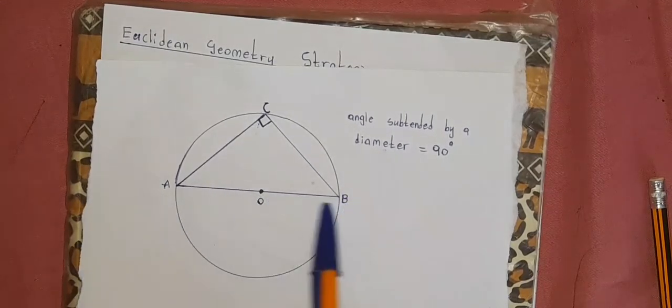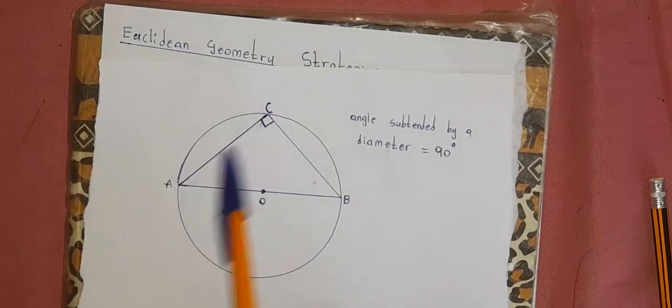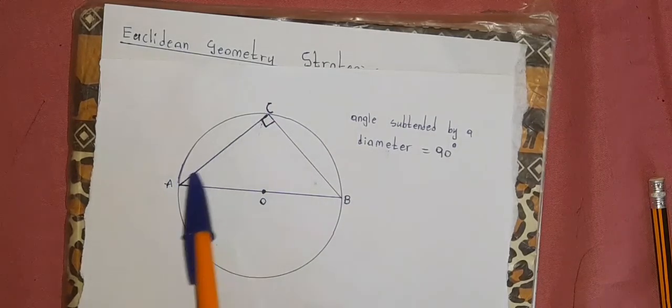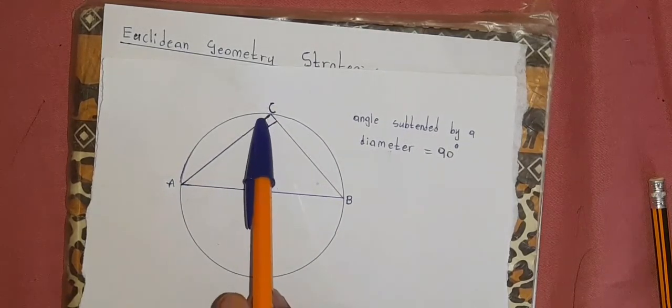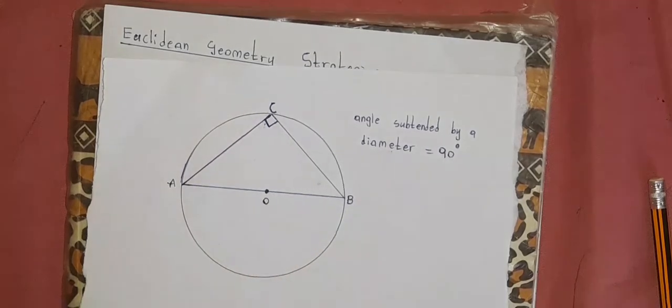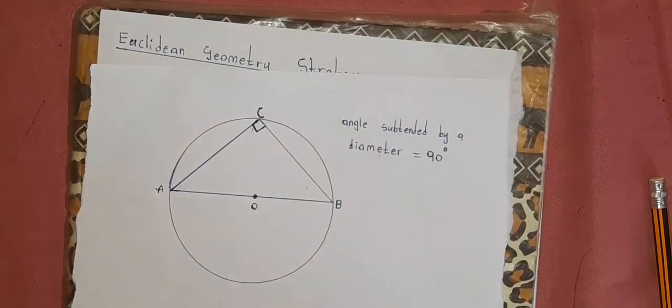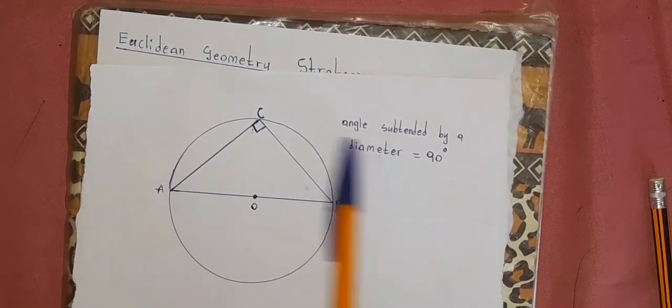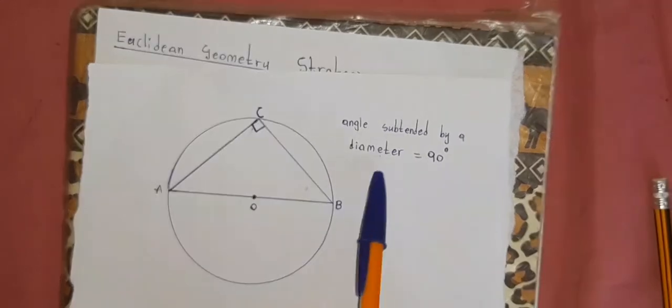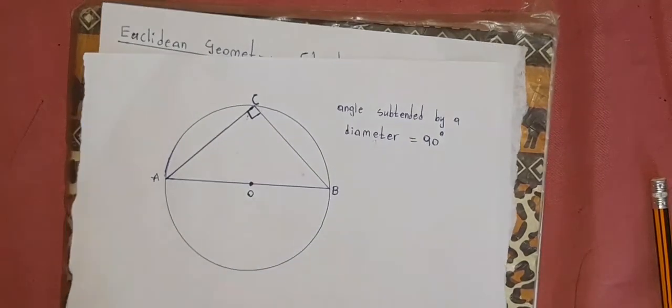If this is a diameter, then this angle here that this diameter subtends is always 90 degrees. So if they tell you about a diameter, just remember this theorem here, that the angle subtended by a diameter is 90 degrees.